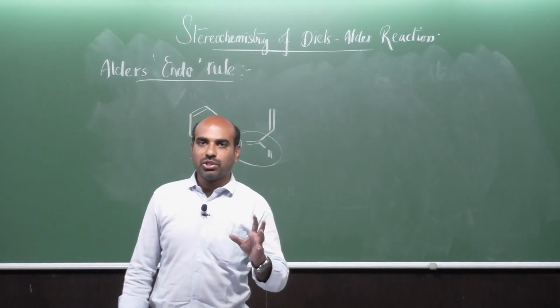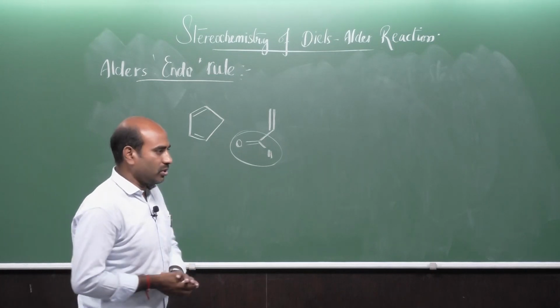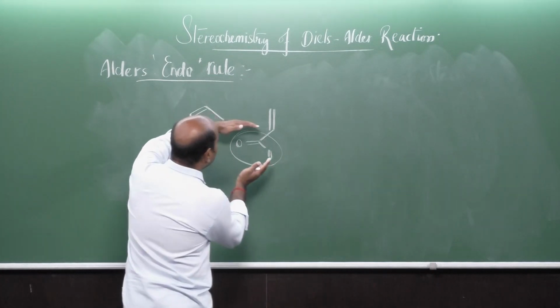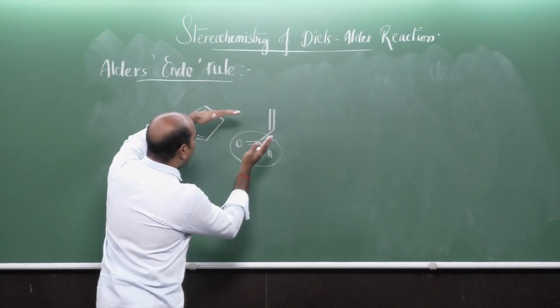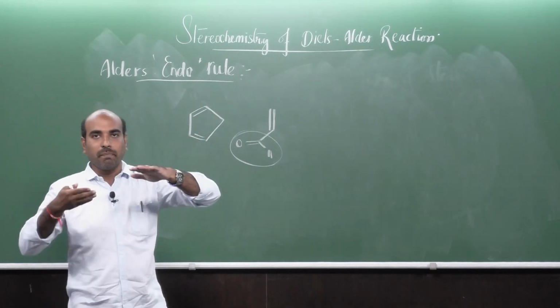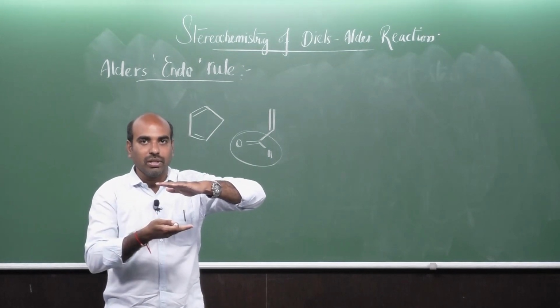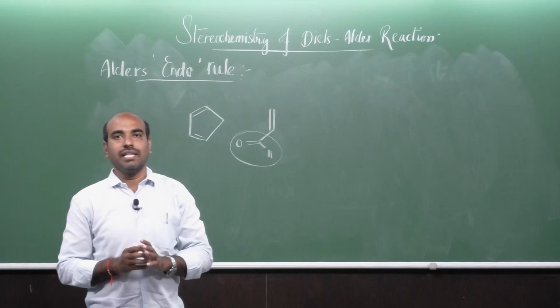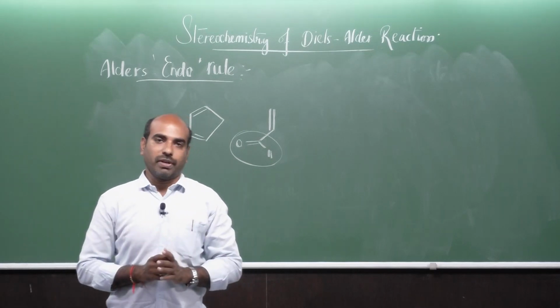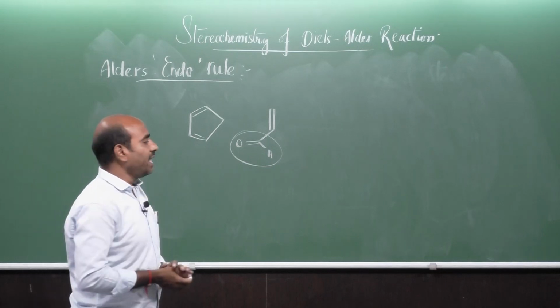One is an endo isomer and the other is an exo isomer. When do you get an endo isomer? When the unsaturated functional group is underneath the diene, when it is approaching the diene such that the unsaturated functional group is coming below the diene, you will always see the endo isomer. If it is away from the diene, then you see the exo isomer.